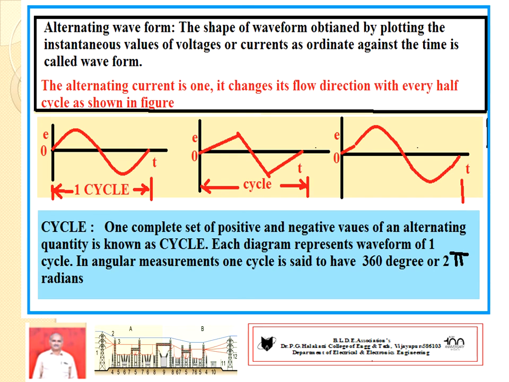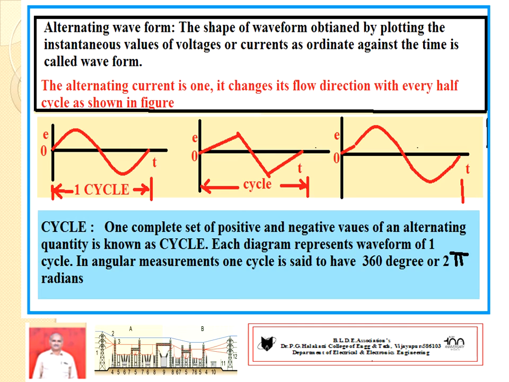The alternating current is one which changes its flow direction with every half cycle as shown in figure. All waveforms are referred to as alternating waveforms. So alternating waveforms means positive half cycle must be equal to negative half cycle. It may be sinusoidal or it may not be sinusoidal.